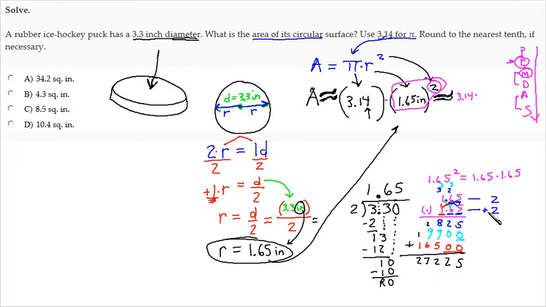We add these digit counts together, and then we take this decimal point and move it 4 times to the left. 1, 2, 3, 4 times to the left. So 1.65 squared is 2.7225. We just did the square of the radius.